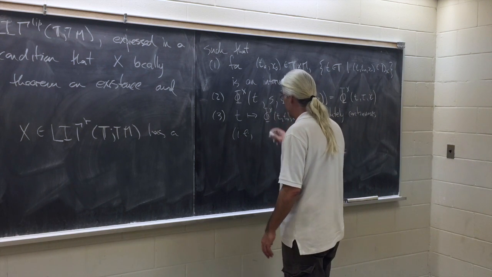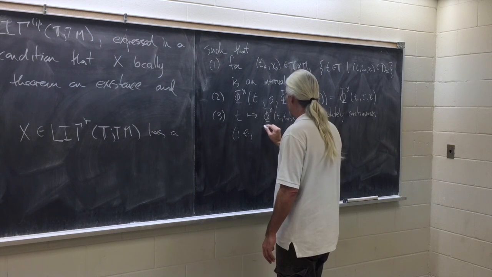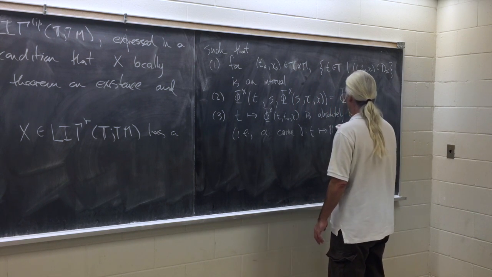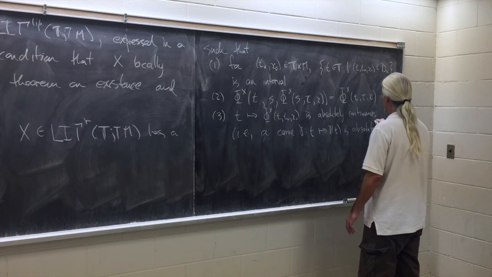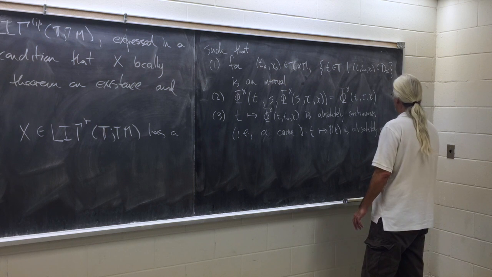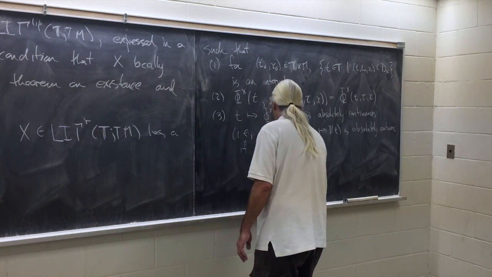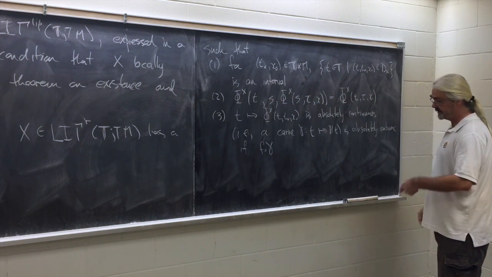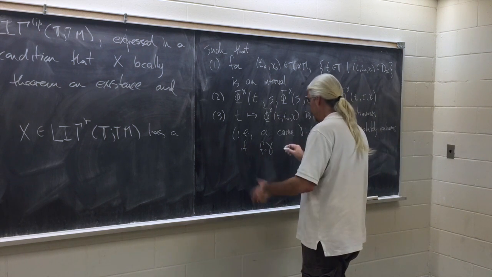Another way of saying it is that a curve, gamma, is absolutely continuous if f composed with gamma, so now you hit it with a function f, and it becomes a map from R to R, is absolutely continuous in the usual sense.